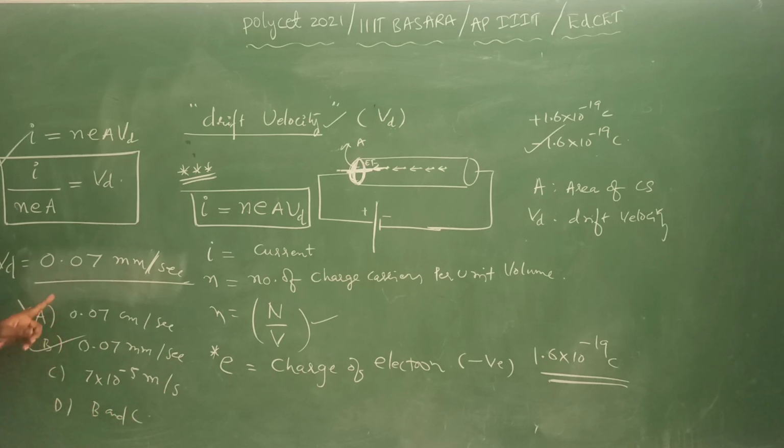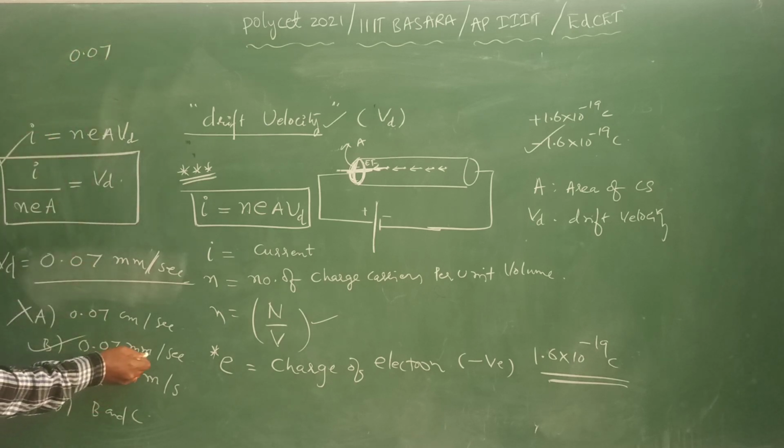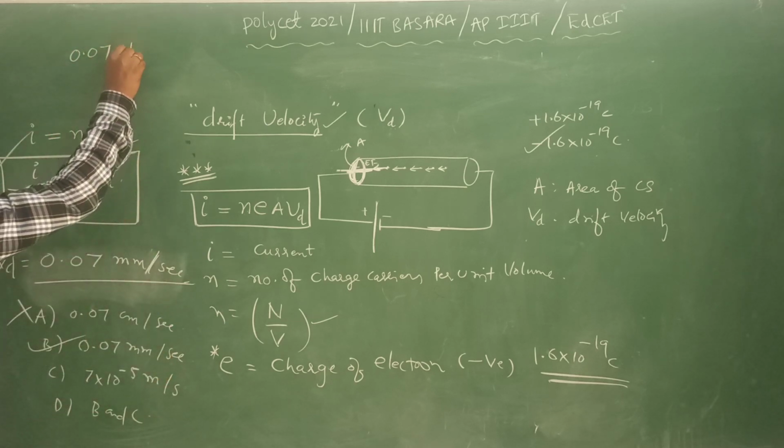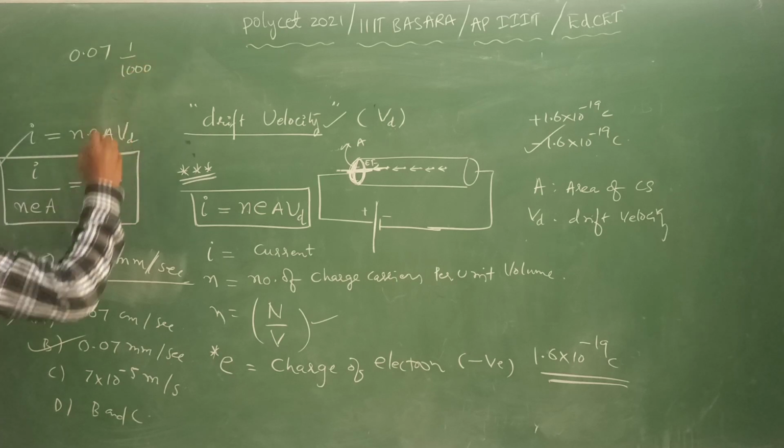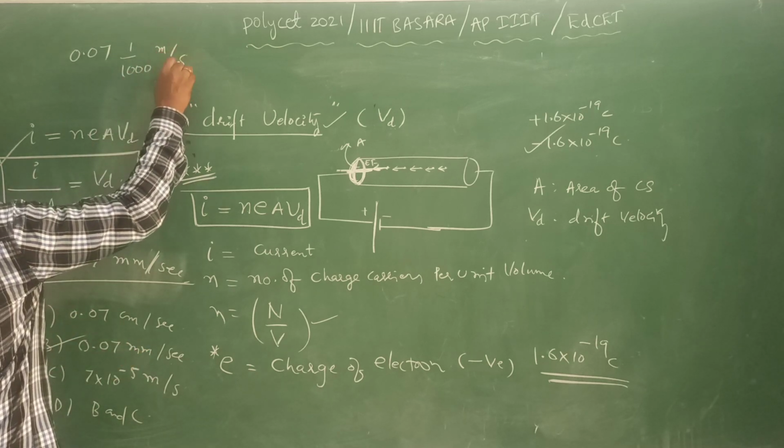In such situations, you have to see whether C is correct or not. Let us see whether C is the correct answer. C is also correct, because if you convert 0.07 millimeter per second, milli means 1 by 1000. All of you know the conversion, right? So milli means 1 by 1000 meter per second.